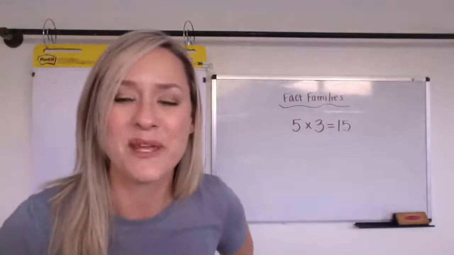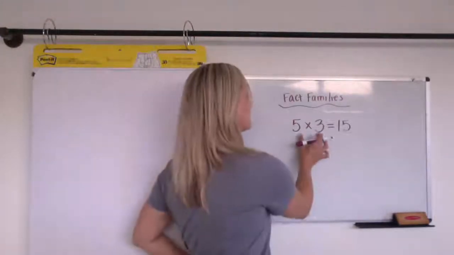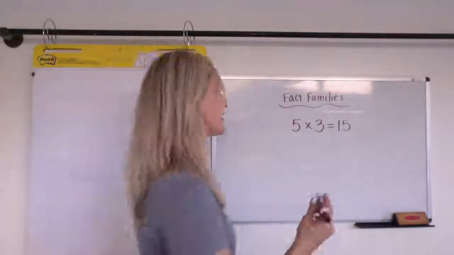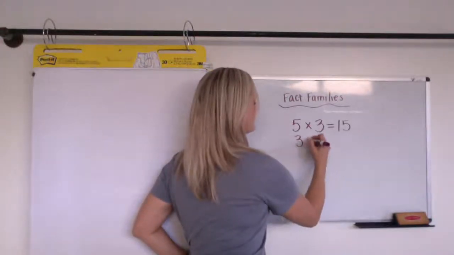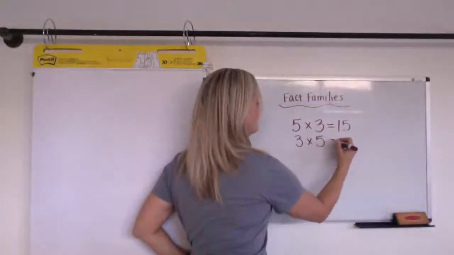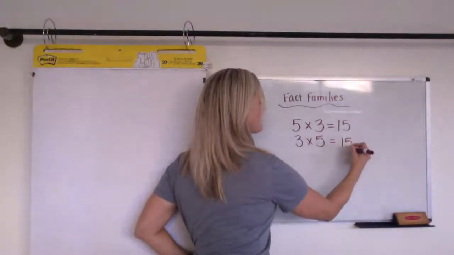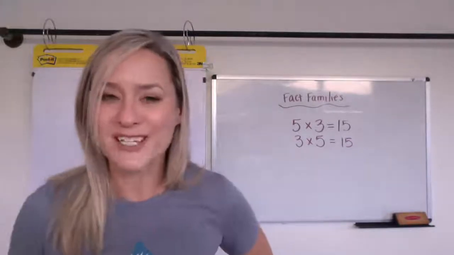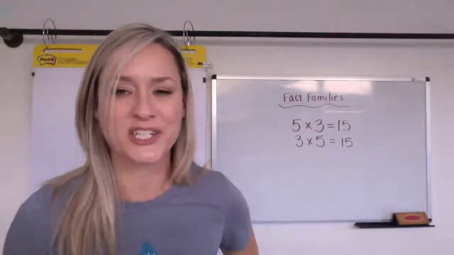Okay, so maybe you realize that you could use the commutative property in multiplication too. So we can also say 3 groups of 5, or 3 times 5 equals 15. And then we don't put in addition or subtraction, we put in division for the fact family.